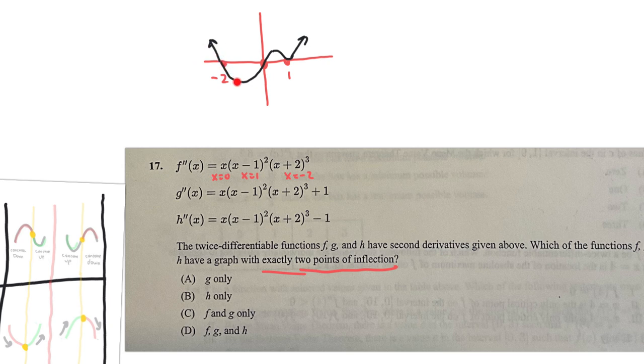Like we said before, that represents a point of inflection, and it passes through the x-axis here. That represents a point of inflection. This is a bounce, so it does not represent a point of inflection.